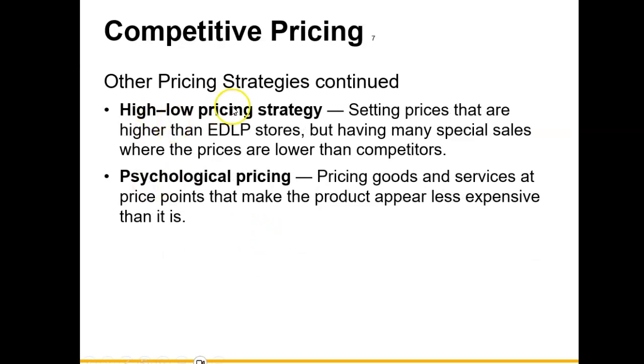With the high-low pricing strategy, setting prices that are higher than the everyday low price stores, but having many special sales where the prices are lower than competitors. So places like Schnucks and Dierbergs often have sales on certain products. Psychological pricing: pricing goods and services at a price point that makes the product appear less expensive than it is.